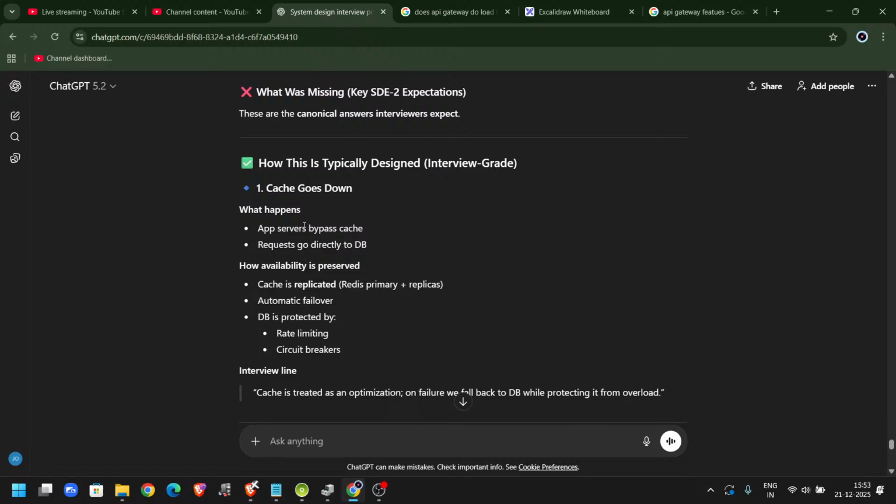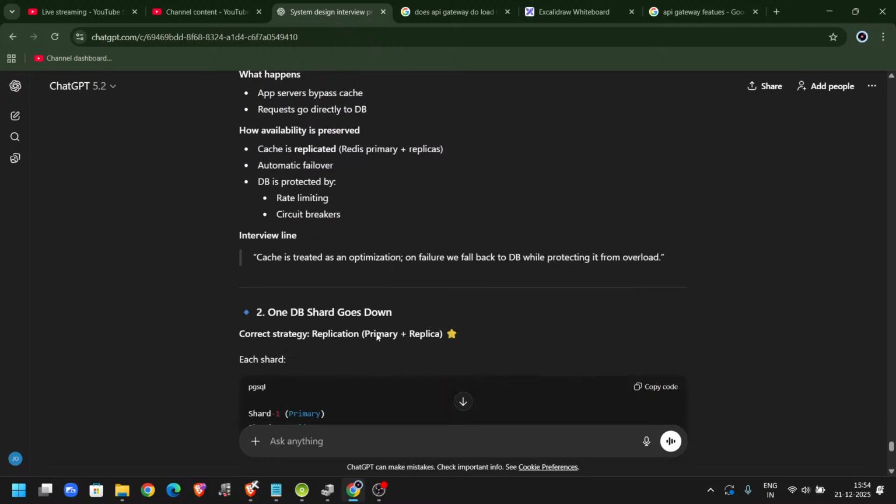Now availability is preserved. Cache is replicated. Redis primary plus replicas. How availability is preserved? Cache is replicated. Automatic failover. DB is protected by rate limiting and circuit breakers. Okay, we can protect it from overload.